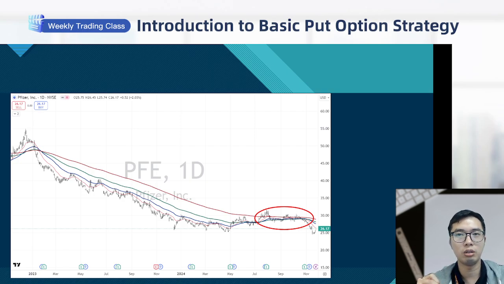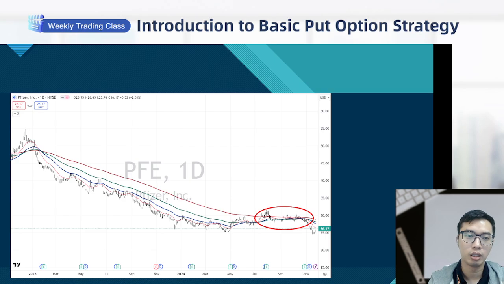So there's no signal of buying, of longing this stock. So we can still safely say that this Pfizer stock is still in a downtrend. So you would benefit more if you trade long put options.